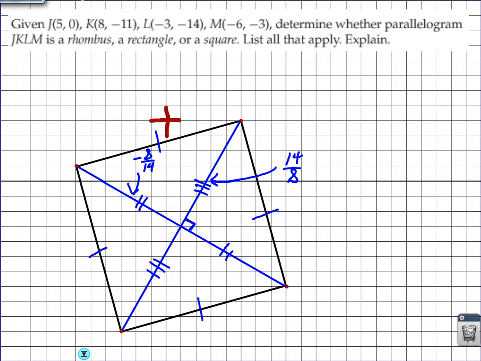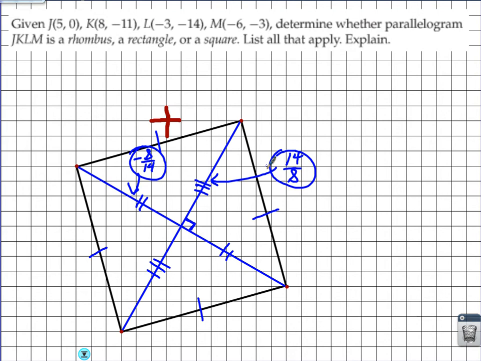Now, how can we prove it's a rectangle? You sure could. The diagonals have to be the same length, right? Is there somehow we can use that 8 and 14 and 14 and 8?